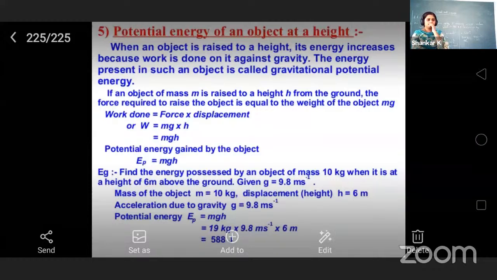The plastic ball, you can raise it to a greater height, right? Yes, ma'am.